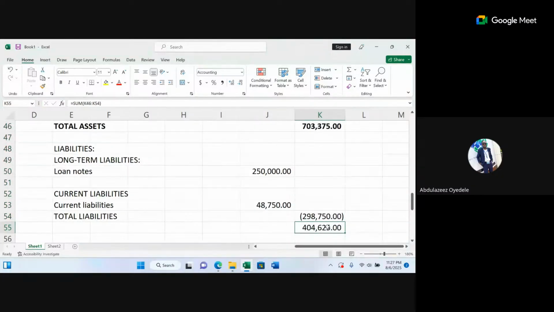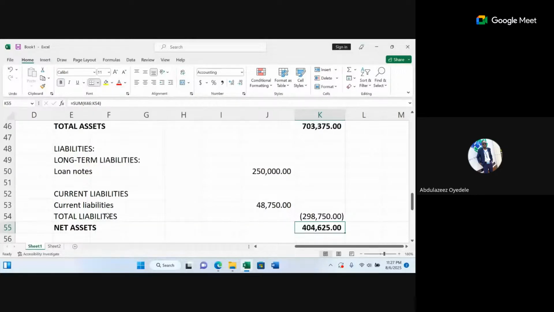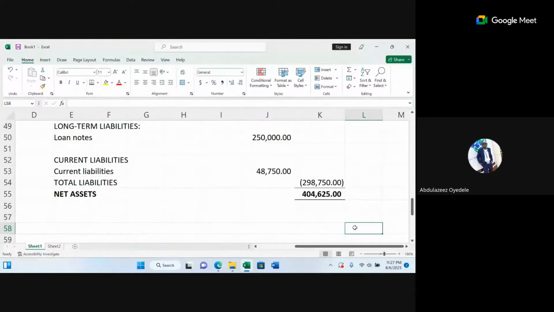So this is our net assets. Once we get our net assets, the next thing is to get our equity or funds, as we want to call it.